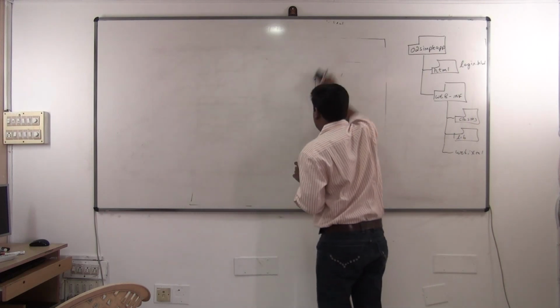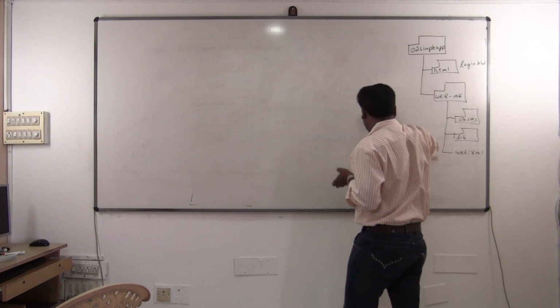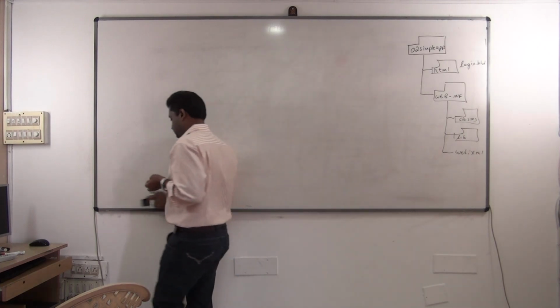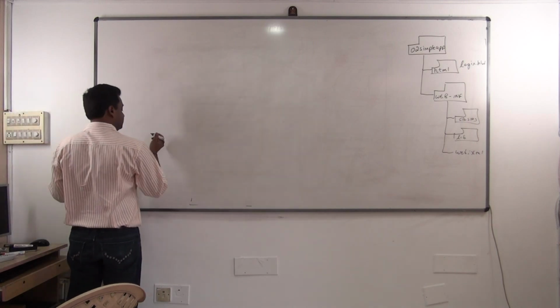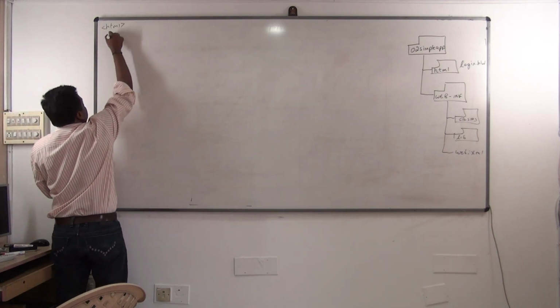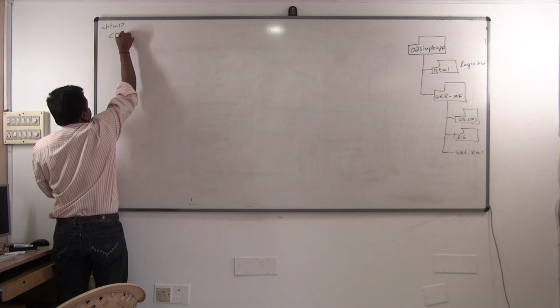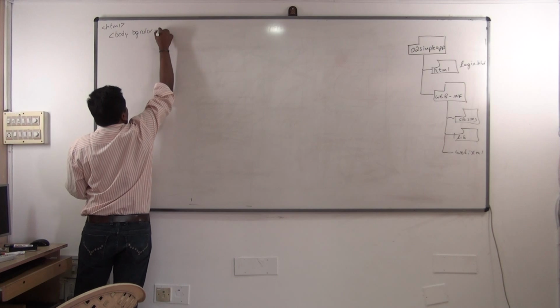So I've taught you HTML. Let's see how to write the HTML code now. So this will be HTML code now. HTML, body bgcolor equal to white.